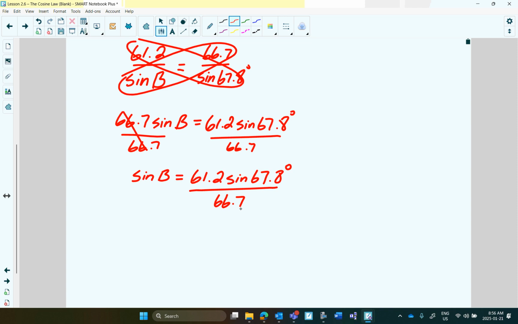Then to find B, I sine inverse both sides. Don't forget how to do that. And I believe you get 58.2.